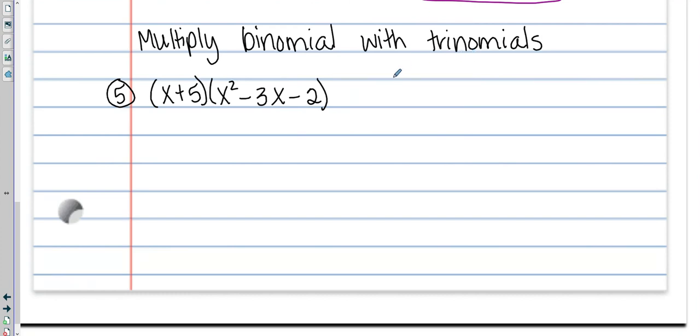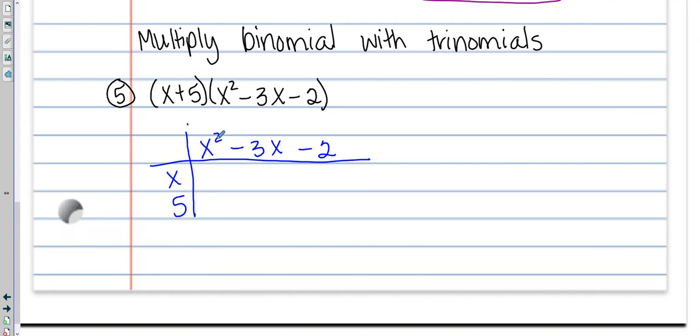Okay, so there's actually several different methods we could use with this, and I'm going to show you 2 of them. So the first one is with the table. So I'm going to copy this trinomial at the top. And then the x and 5 here, x plus 5.